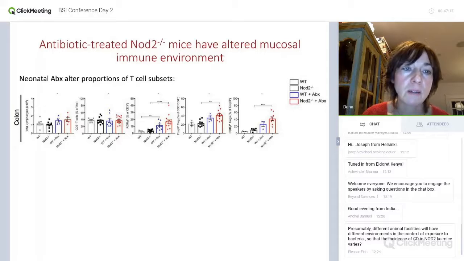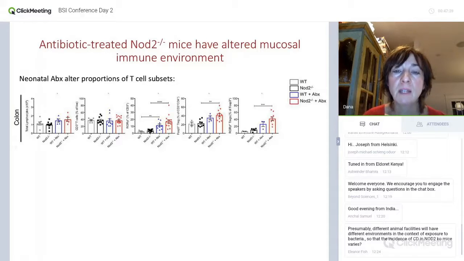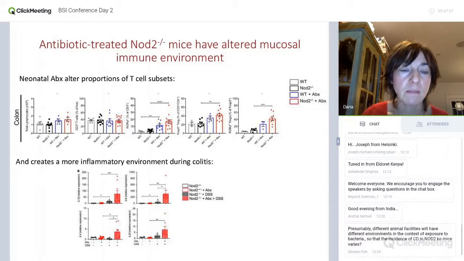Here we're looking at different T cells, including the RORγt T cells, the FOXP3 T regulatory cells, and these RORγt Tregs. All of these seem to be differing in their proportions under treatment with antibiotics. So that was an interesting finding.